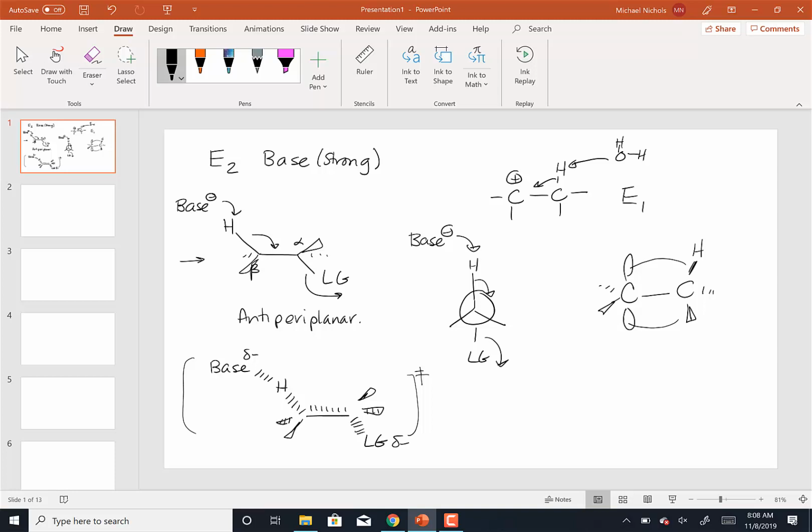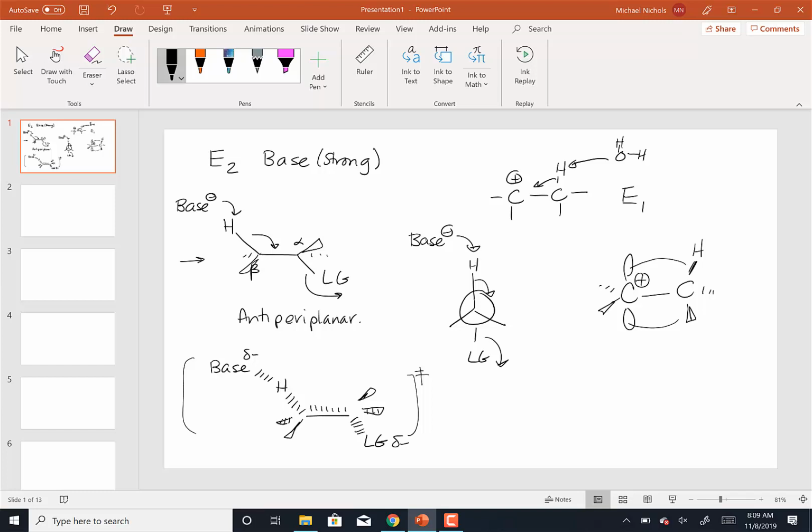So in this case, there wasn't a restriction. In rings, the beta hydrogen must be trans to the leaving group, but there will not be that restriction when it comes to E1 reactions, because the hydrogen could be cis to the leaving group or trans to the leaving group, because after the leaving group leaves, there's nothing to be cis or trans to.